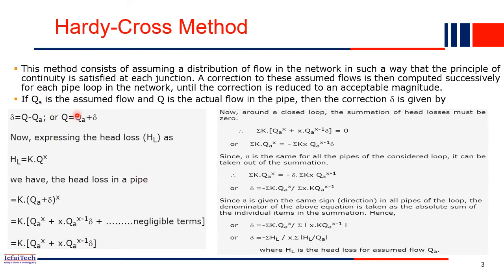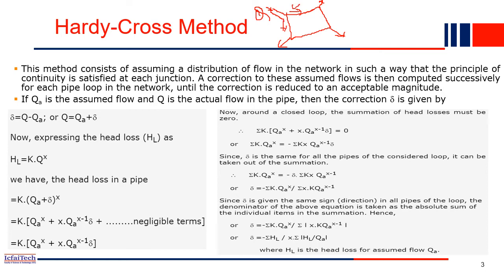Let me draw a pipe network first. For example, you have a pipe network something like this. Water is coming here, so this is the inflow, and at some junctions water is going out, maybe at these three junctions. Initially water Q is coming here and gets distributed at this junction into two parts.